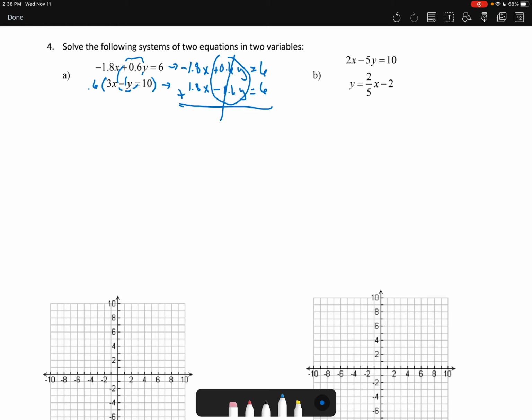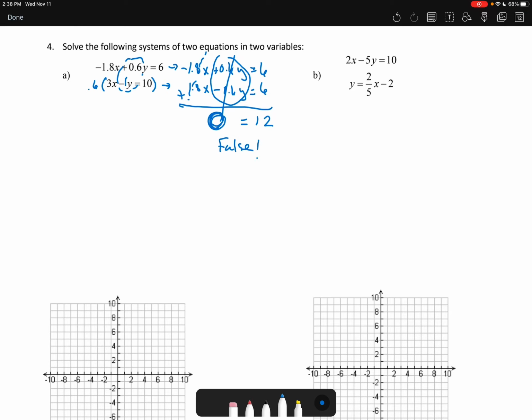But accidentally, in the same process, I also canceled these out. So I have nothing at all. I have a big fat 0 over here on the left-hand side, but on the right-hand side I have 12. So I have now arrived at the situation where I'm claiming that 0 equals 12. That is false. 0 does not equal 12.